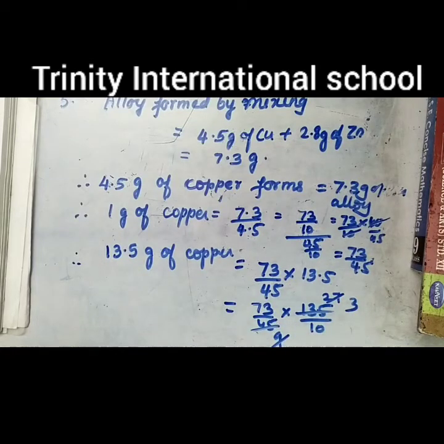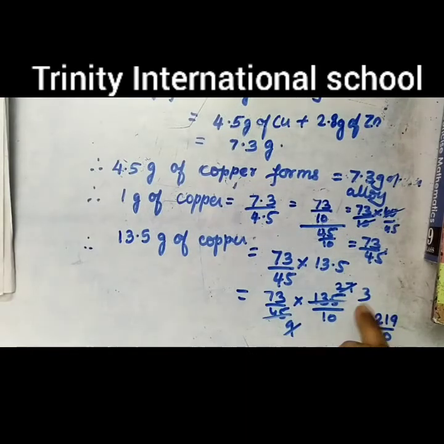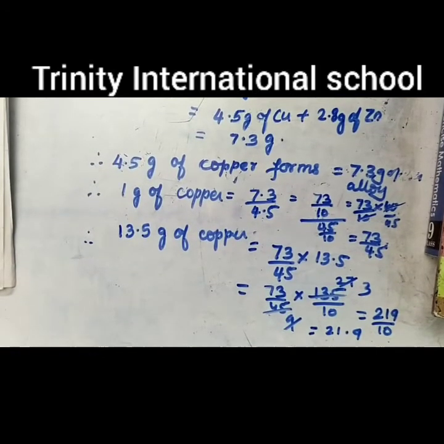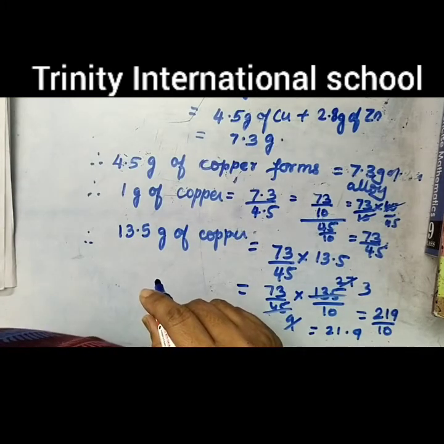Now go for calculation. How much is it? 3 3s are 9, 219/10. So how much will it become? Look, 219/10. Okay, so 219/10 can be written as what? If we write it in decimal, it is 21.9. So you can write that 21.9 grams of alloy can be formed.